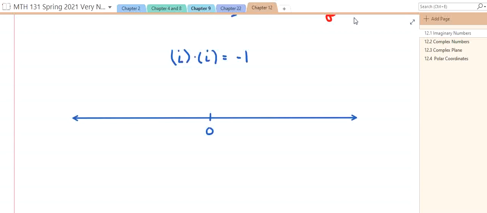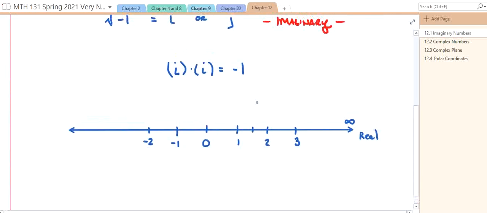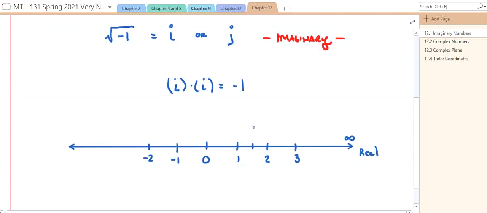And recall, on a real number line, we have our integers 1, 2, 3, going out to infinity. We have negative integers. We have rational numbers, which are integers divided by integers.